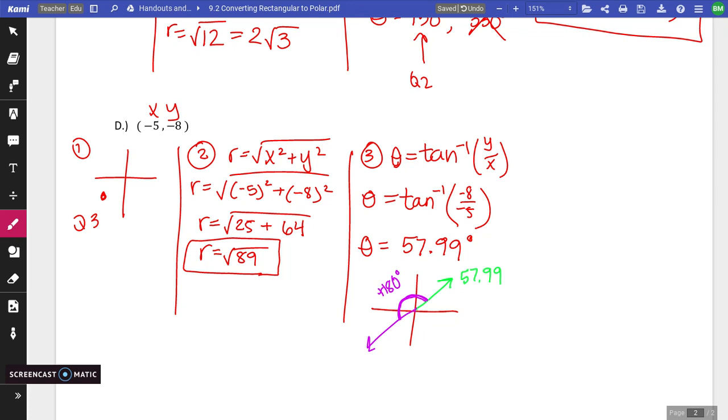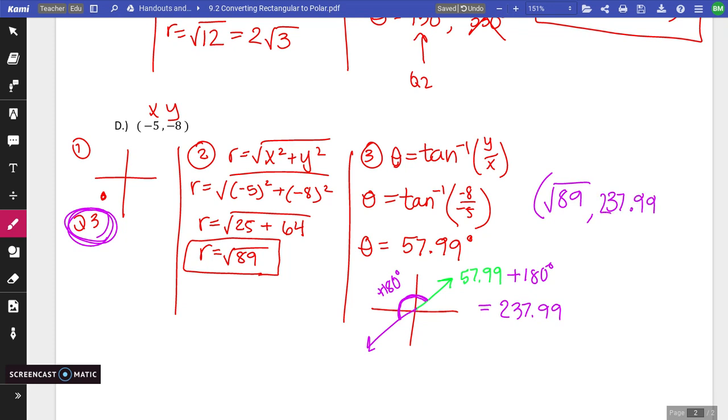So if I take 57.99 and I add 180, I'll end up with an angle in quadrant 3. When I do that calculation, I get 237.99, and that works as my angle down here in quadrant 3, because remember, it has to match the quadrant we started with. So my final polar point is root 89, comma, 237.99 degrees.